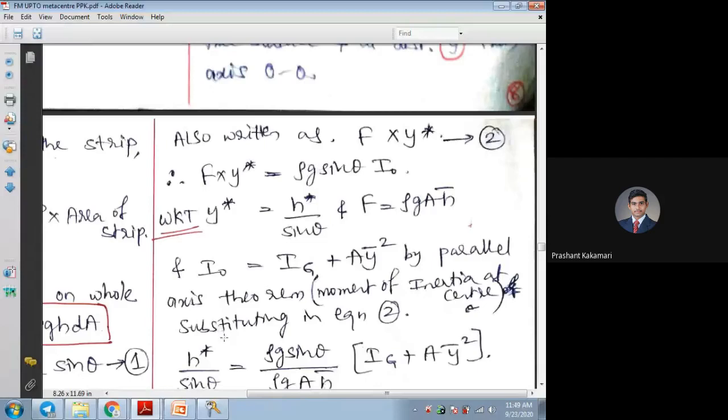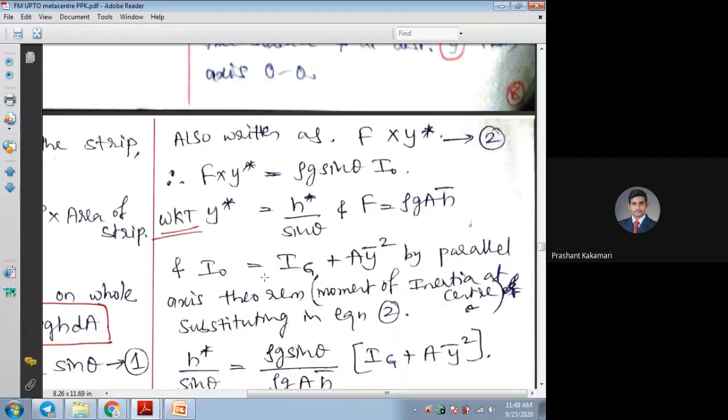That is, vertically at which point the pressure center is located on the inclined surface. The maximum pressure is at the bottom, the minimum pressure is at the top, and the center of all these pressure points is the pressure center, which you have considered in the h star and y star distance. So in the numericals we'll find out exactly what those locations are.